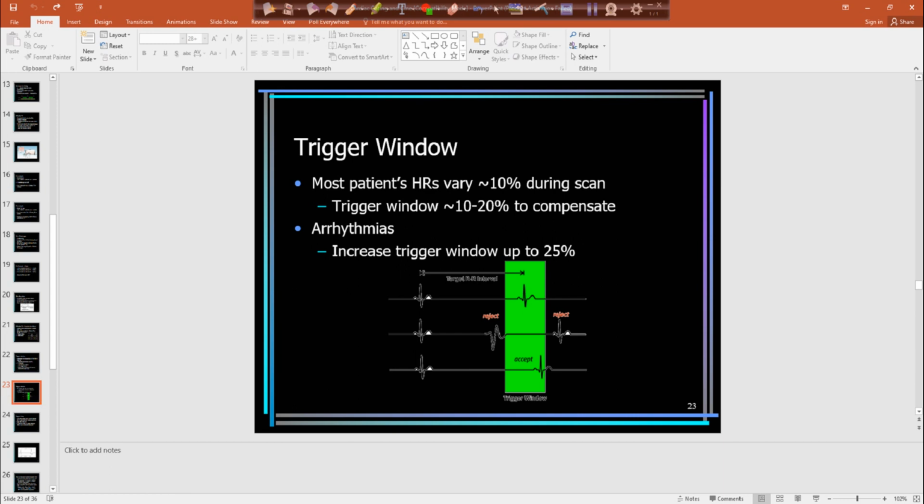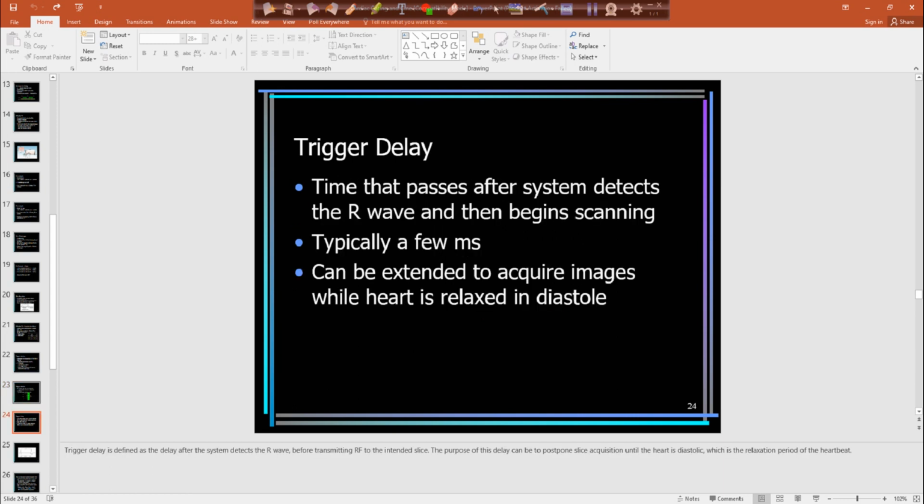All right, so what's the second safeguard? Our trigger delay. This is the time that passes after the system detects the peak of the R wave and then begins scanning. We have that window which happens at the end of the effective TR, and now we have a trigger delay to compensate at the beginning.